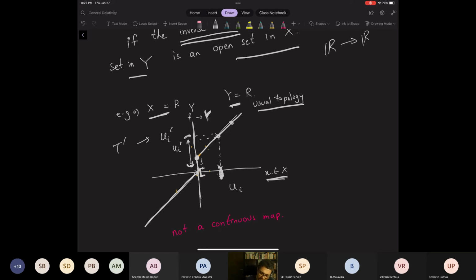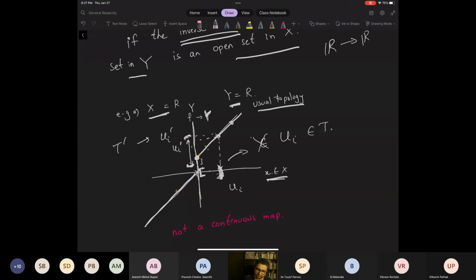Okay, so the inverse image of this set ui prime gives me a left closed, right open set, and this is not a member of the ui, which does not belong to ui, which belong to t.